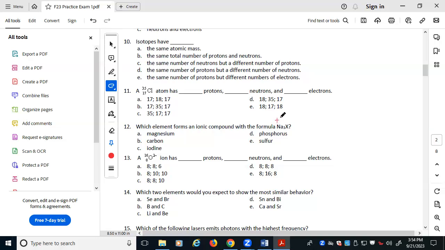And so, for example, we know that sodium, because sodium is in group 1, carries a +1 charge.